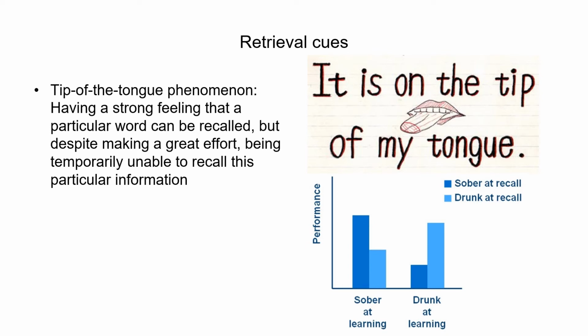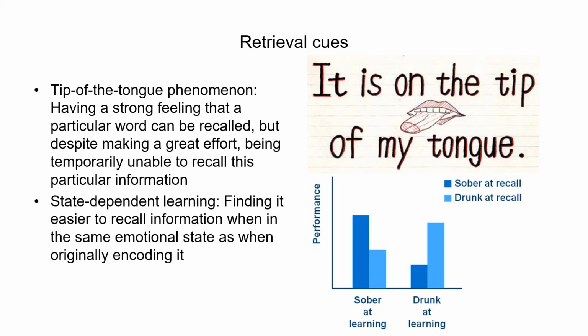Instead of trying to think in the direction you're thinking, try to think about it from a different direction. Usually then you'll be able to recall it. So if you're having the tip of the tongue phenomenon, try not to get frustrated, because frustration actually decreases memory. Try to think about the problem from a different angle, and hopefully that'll get it there.